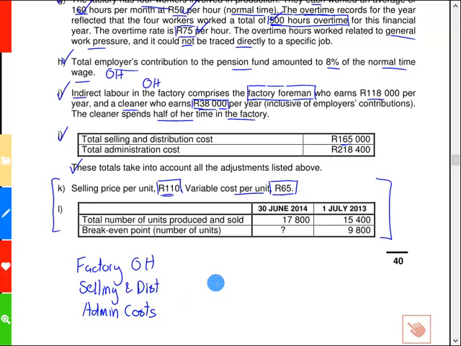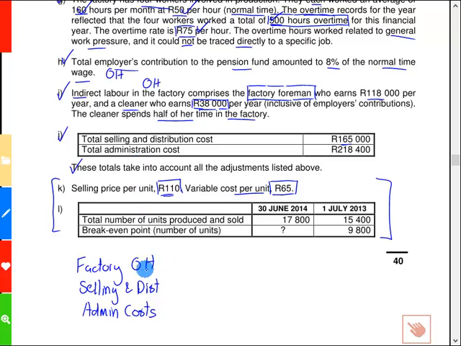Which ones of these do you think are generally fixed costs, and which ones do you think vary with the volume of sales? It's fixed if, regardless of the number of units we sell, those costs are going to stay the same. And it's variable if it changes with the volume of units that we sell. So which ones do you think are generally fixed and which ones are generally variable?